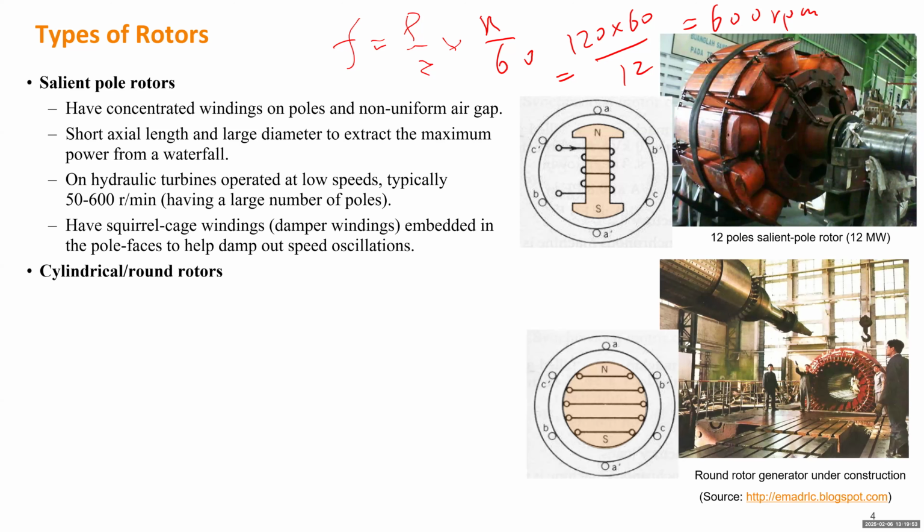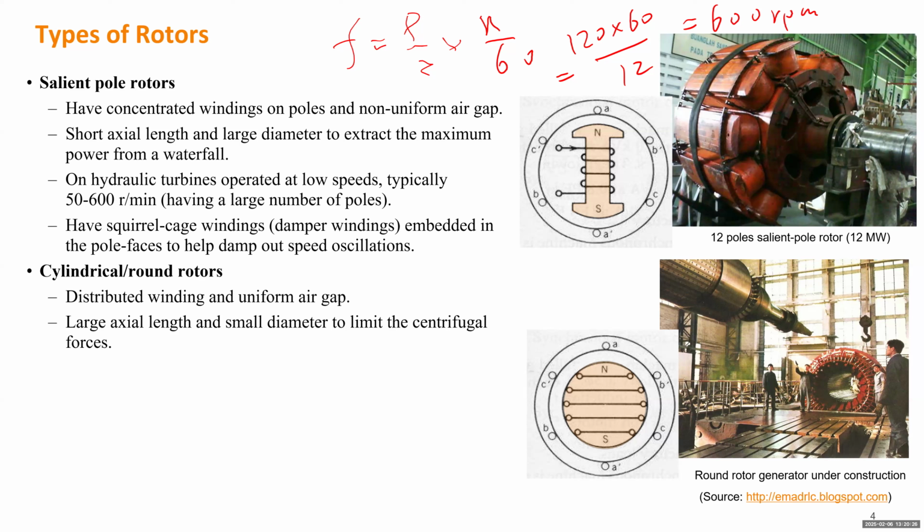So the second type is a round rotor or cylindrical rotor generator. You can tell the rotor has a much longer axial length but a smaller diameter. If it's fitted to the stator, you cannot clearly tell which direction is in and which is out, right? It's not very clear where those poles are. They may have just 2 poles or 4 poles, depending on how the magnetic flux goes through the rotor.